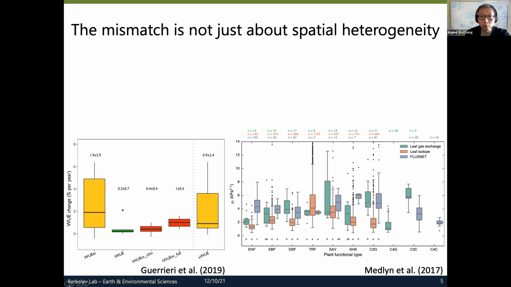And water use efficiency estimates may differ substantially among PFTs for a single set of water use efficiency metrics. For example, the blue box plots can vary substantially across different plant functional types, or water use efficiency may differ substantially among leaf to ecosystem scale measurements for a single PFT.